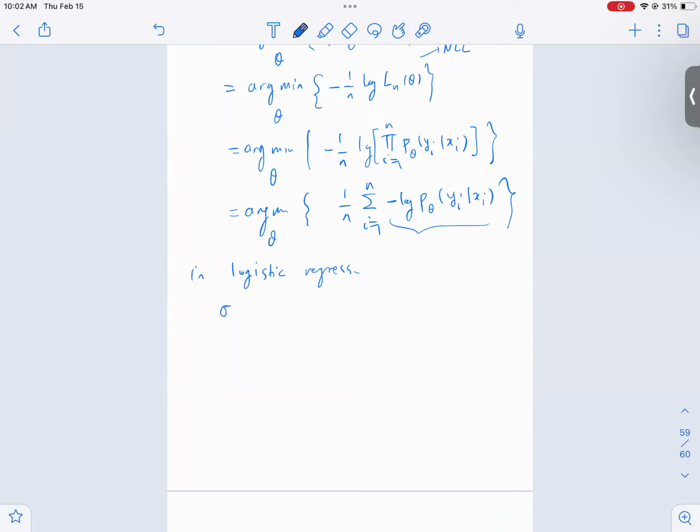We have p theta of yi given xi is sigma of theta transpose xi to the power yi, and then 1 minus sigma of theta transpose xi to the power 1 minus yi. So if I take the log, I put a log here and a log there.